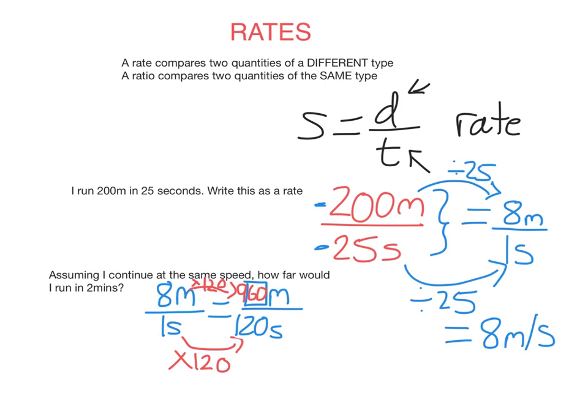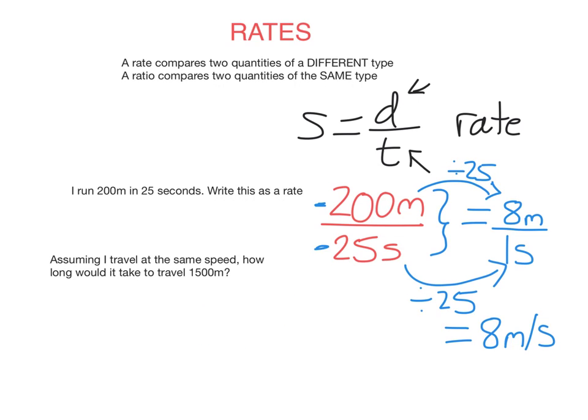All right, let's look at another example. Assuming I travel at the same speed, how long would it take to travel 1,500 meters? We're going to do the same process. We're going to write this as 8 meters per second. Now, I've traveled 1,500 meters and I want to know the time.